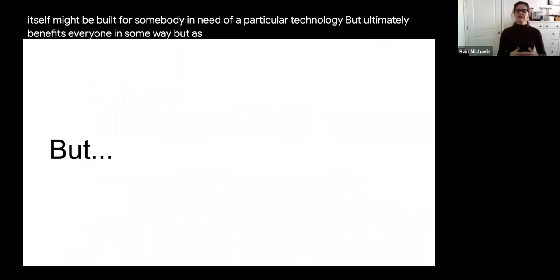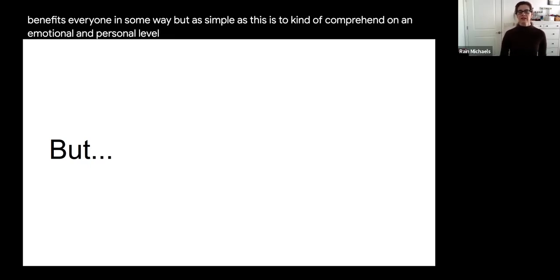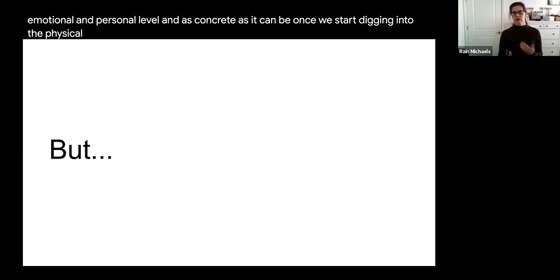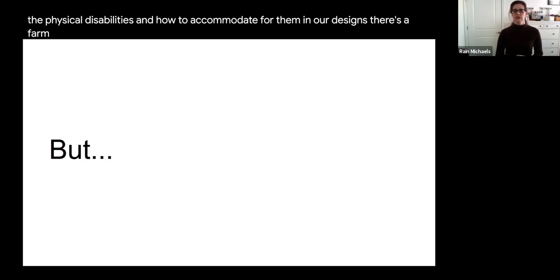But as simple as this is to comprehend on an emotional and personal level, and as concrete as it can be once we start digging into the physical disabilities and how to accommodate for them in our designs, there is a far more nuanced consideration that we need to start to make.